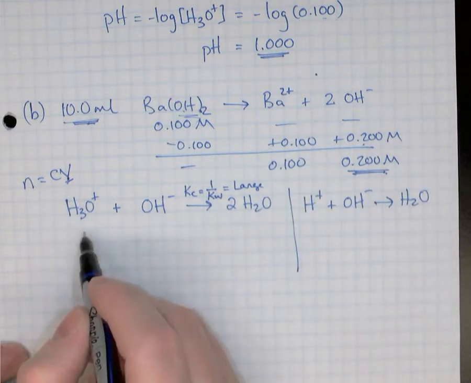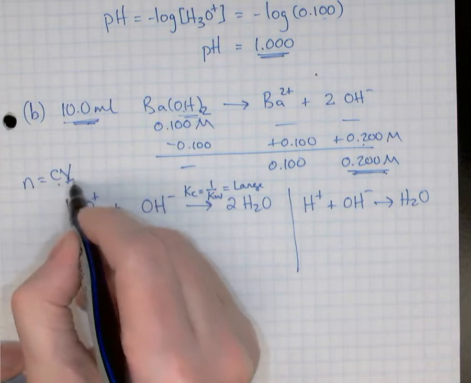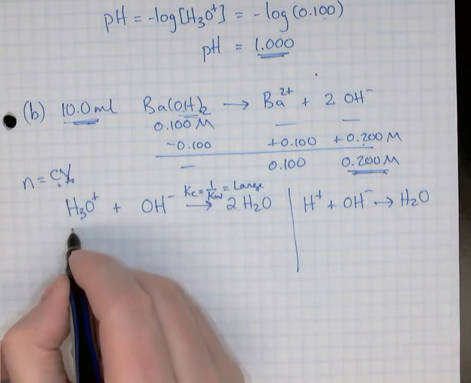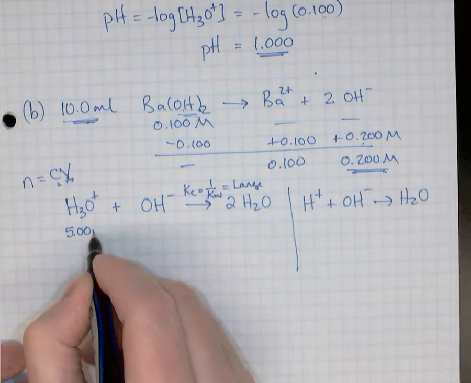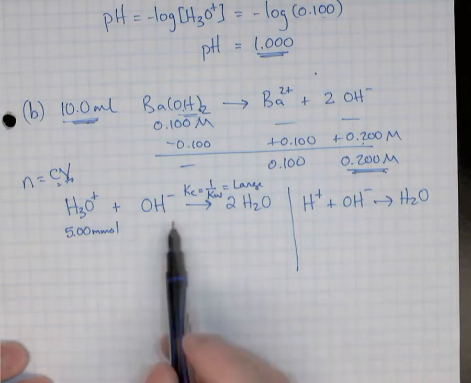So for the strong acid, 50 milliliters, 0.1 molarity, if you multiply those two numbers, you'll get 5.00 millimoles of hydronium initially. That's what was in there initially from the nitric acid. What about the hydroxide?